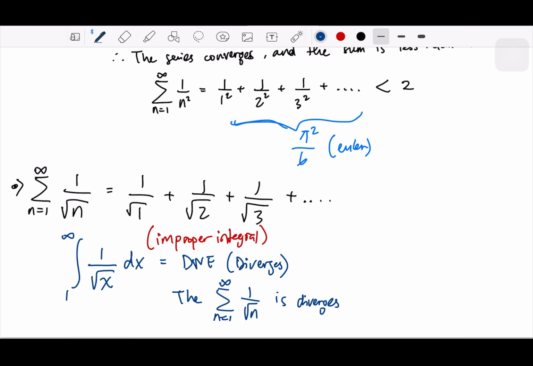So by the end of the day, we can use our approach using the integral to check whether the series converges or diverges.